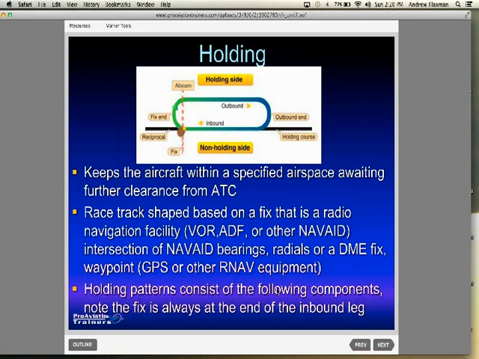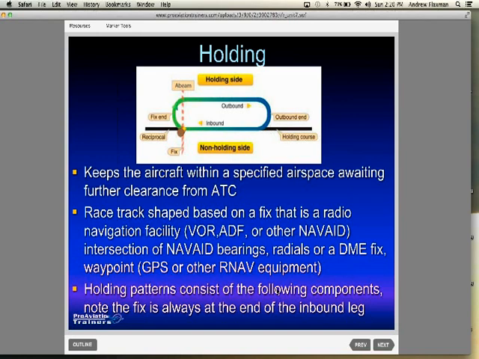Also, another thing to point out is that there are timed holds and there are distance holds. Some dictate 1 minute legs or 2 minute legs, or some dictate 5 mile legs. But you have the ability when you're talking to air traffic control to request one or the other. To me, the easiest way, especially if you have any kind of GPS in the aircraft, is a distance hold.